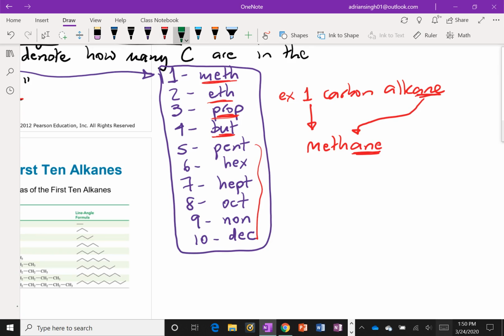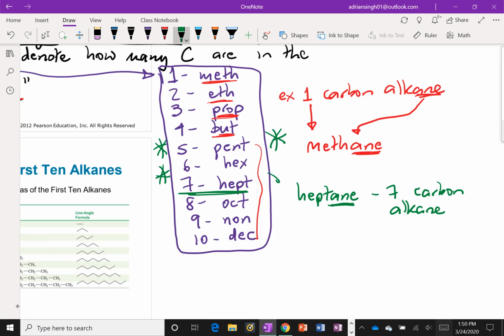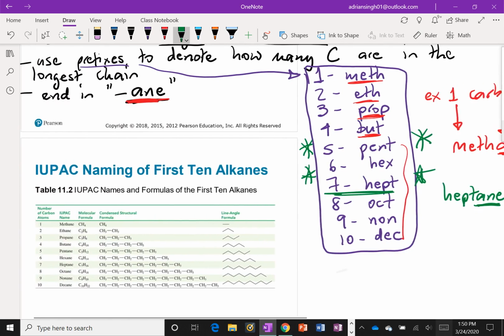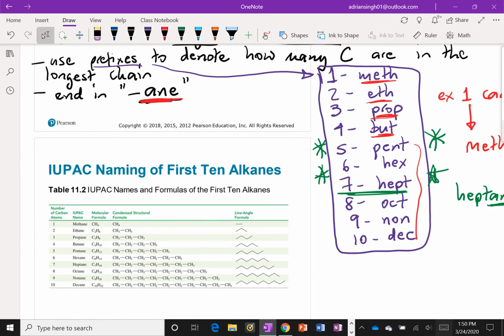If I have a structure and the longest chain is 7 carbons, we know the prefix there will be hept, and if they only see carbon-carbon single bonds, it would be an alkane. Right, so this means it's a 7 carbon alkane.